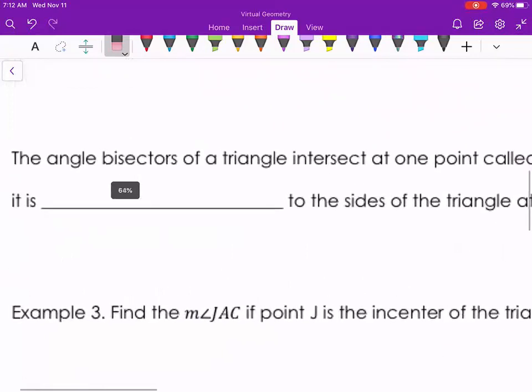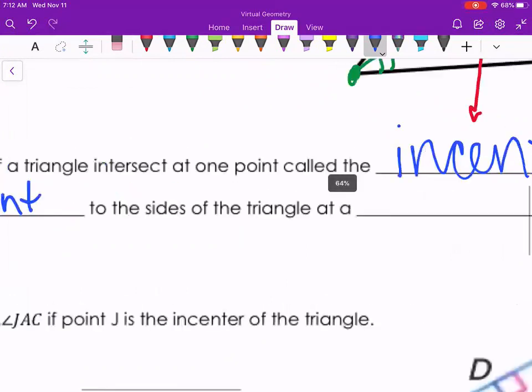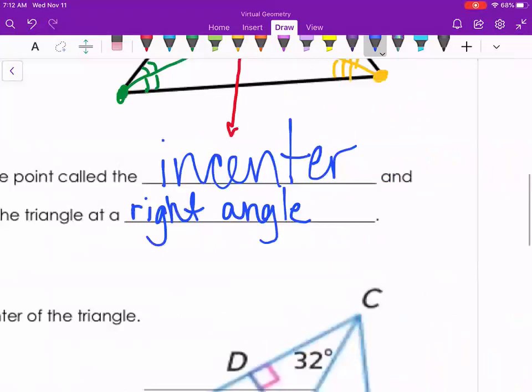So the same thing is true here when you're looking at incenters with the triangles. It is still equidistant to the sides of a triangle at a right angle. And again, that means we need to look for the 90 degrees.